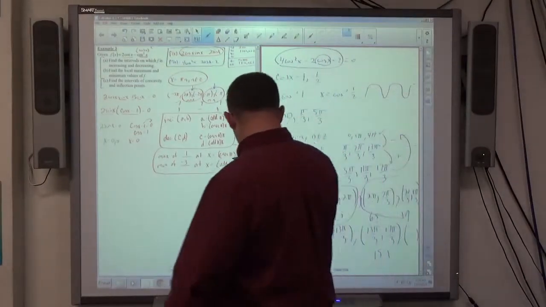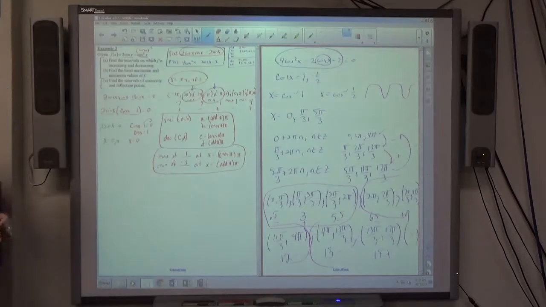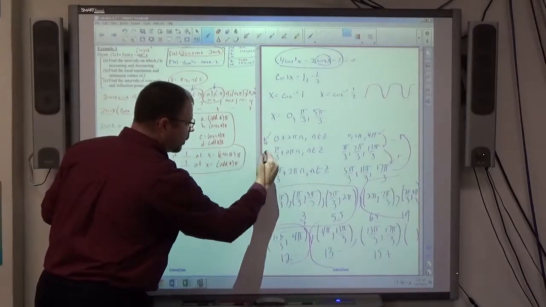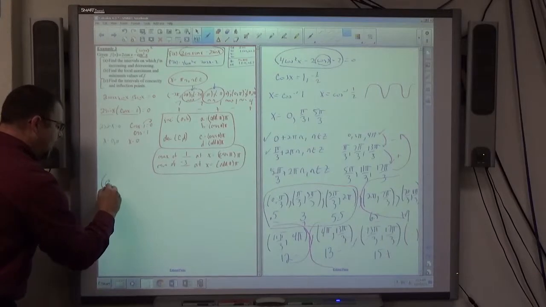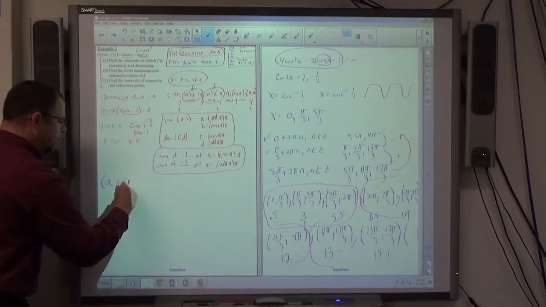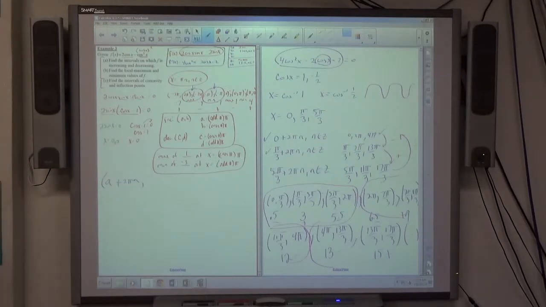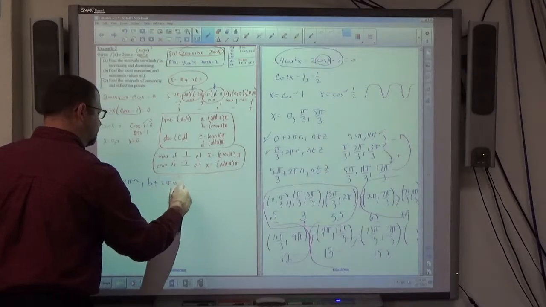Let's see here. We're taking these answers. Okay, let's do it this way. We're going from an answer here to an answer here, right? So here's how I'm going to write it. I'm going to write A plus 2 pi n, comma B plus 2 pi n.